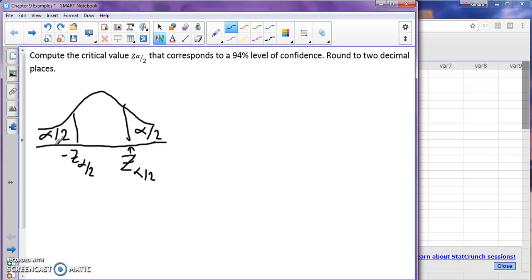So 94%, that is our probability that corresponds to the middle.